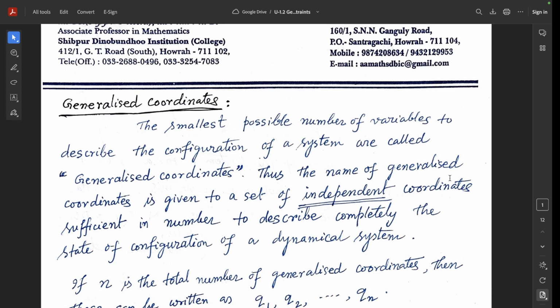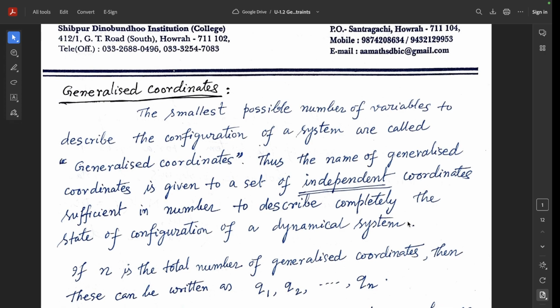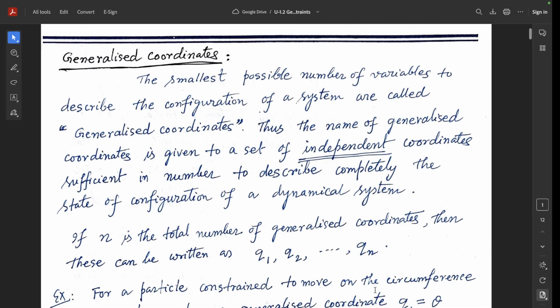Thus, the name of generalized coordinates is given to a set of independent coordinates sufficient in number to describe completely the state of configuration of a dynamical system. So, this must be independent coordinates. If n is the total number of generalized coordinates, then these can be written as q1, q2, ..., qn.